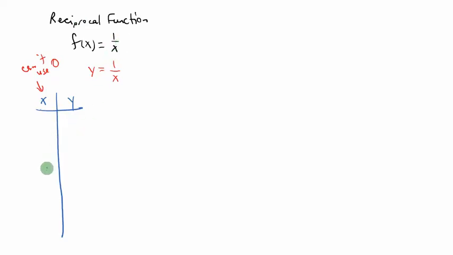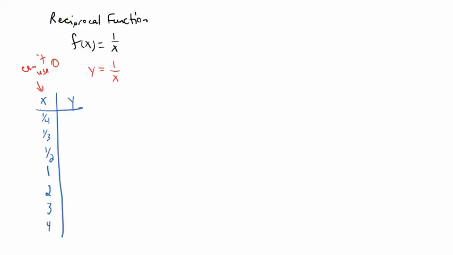Well, we could use 1 for x, because I can take 1 divided by 1. I could use 2, 3, 4, but I could also use numbers bigger than 0 and less than 1. So I could use numbers like a half, and a third, and a fourth, etc. Okay? So they're not 0, but they are getting close to 0.